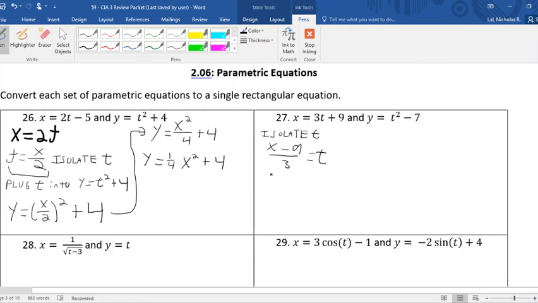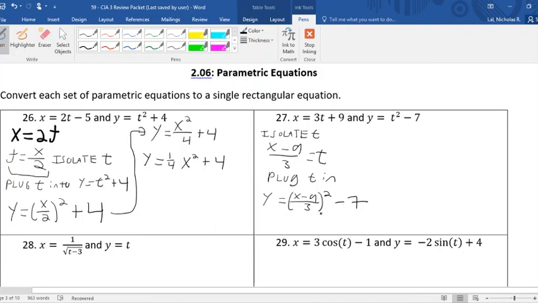So we plug t in, and we're going to have y is equal to x minus 9 over 3, squared, minus 7.